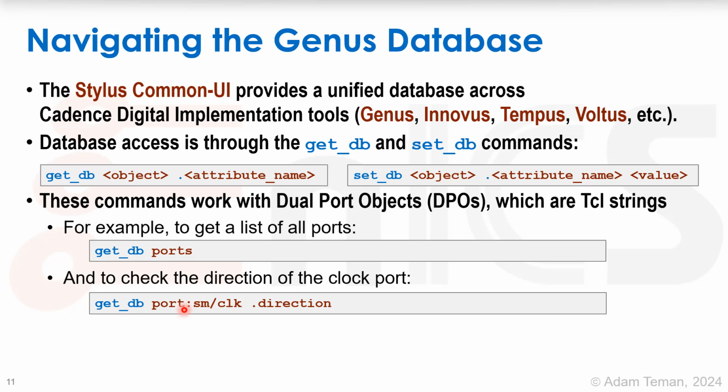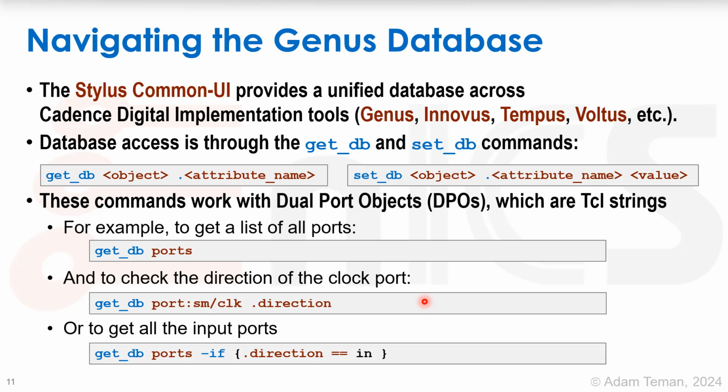That is the clock port of our design, which we'll find out, for example, by doing get_db ports, or by opening the design browser and copying its name. And then it has lots and lots of attributes. So I can write dot, and I can press tab, and I'll get all of the optional attributes. And if I do .direction, it's going to return in because it's an input port.